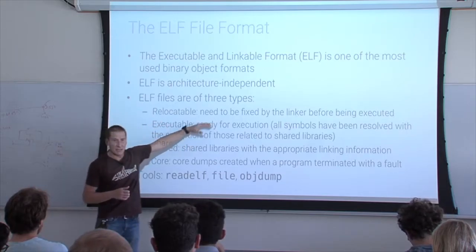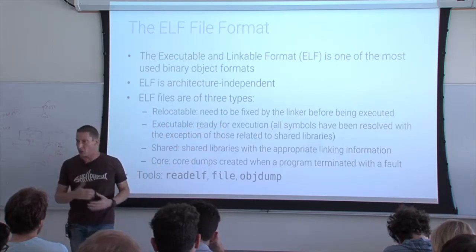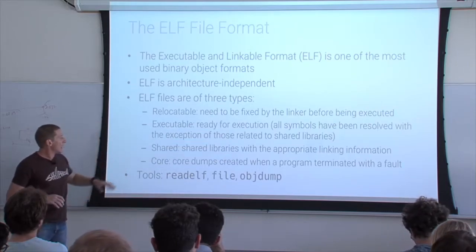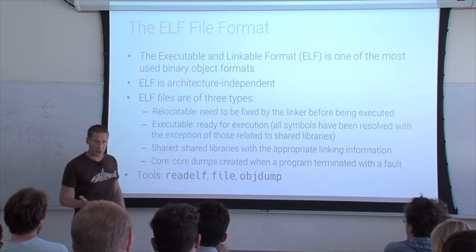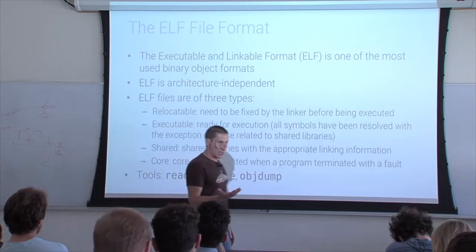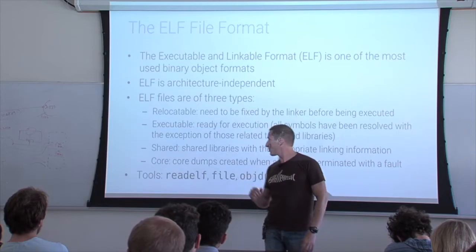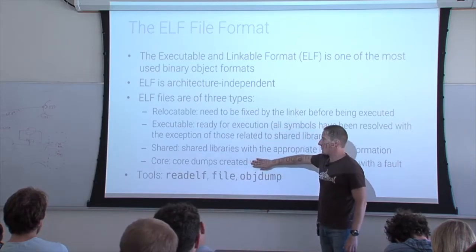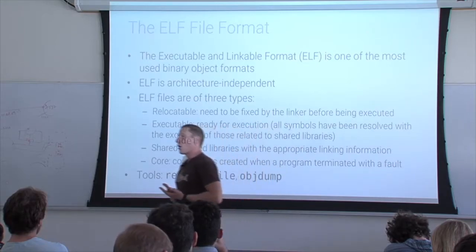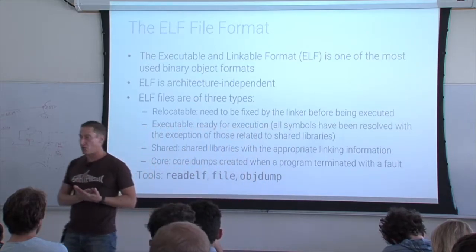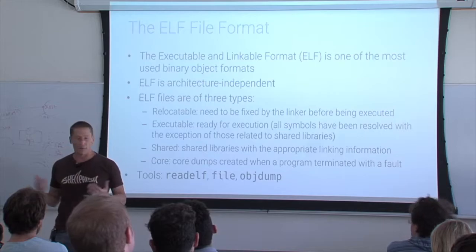Executable, which means that all symbols have been resolved. They can be just loaded in memory and executed. Shared, this is the format used by shared libraries. So they provide fundamentally services to other binaries in terms of code. And core dumps. These are snapshots of a program's memory image that are usually generated when there is some kind of fault.